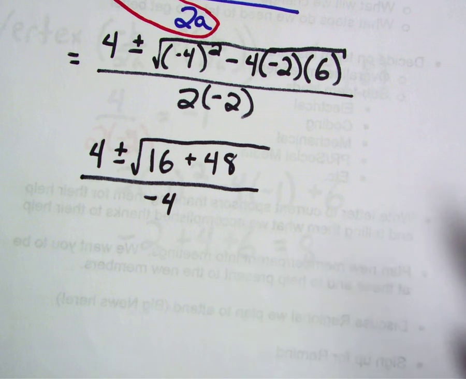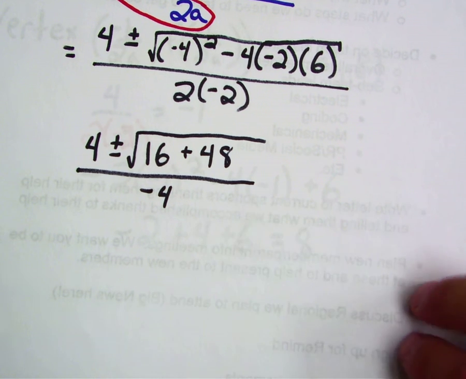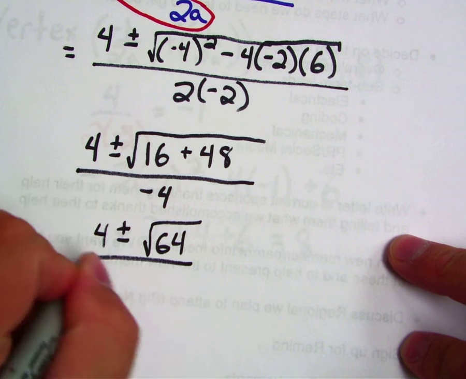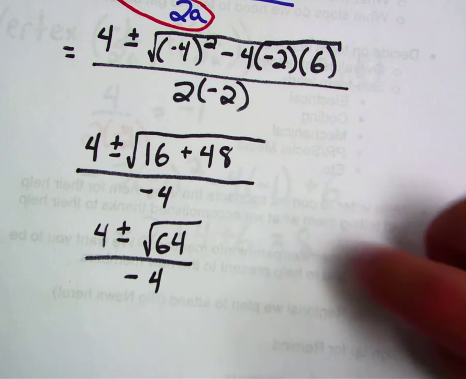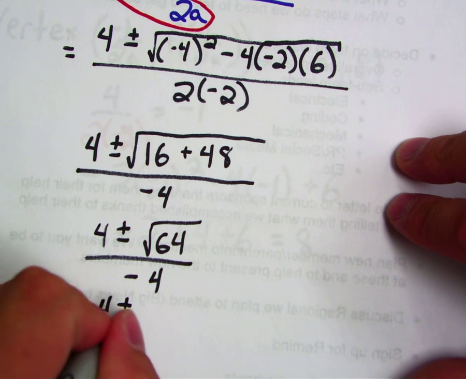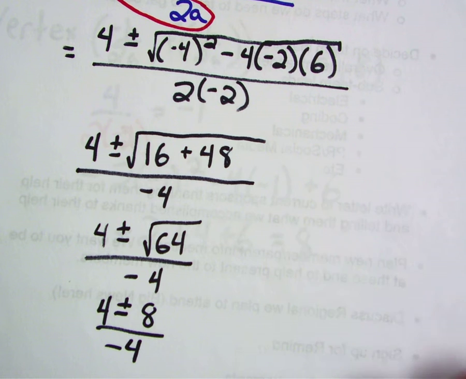We'll go ahead and add these in the middle, which is going to give us 64. And since we know the square root of 64 is 8, we will have 4 plus or minus 8 over negative 4. And we'll simplify this up a little bit.